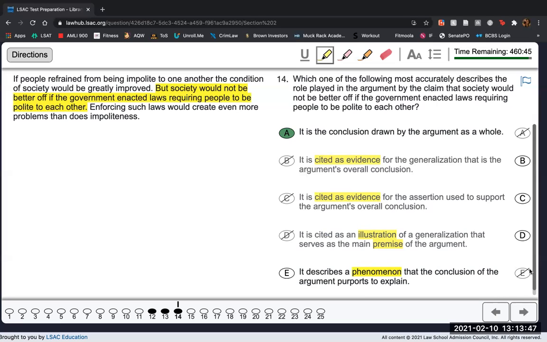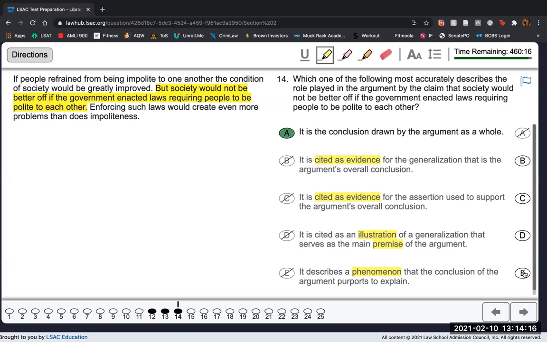So we want to make sure that we're careful and we just identify that this is the conclusion. This is the main conclusion being supported by all the other sentences. If this was something being illustrated, we might say, I've noticed that when Sally goes down the street, she always says please and thank you when people offer her something from the lemonade stand.